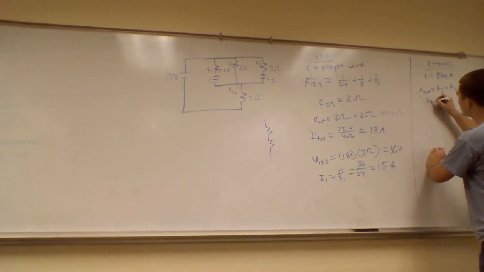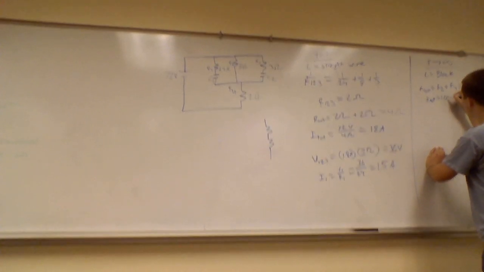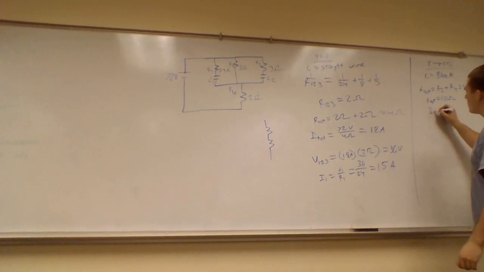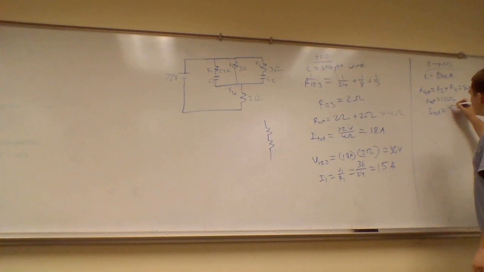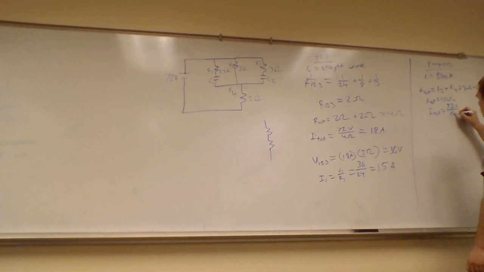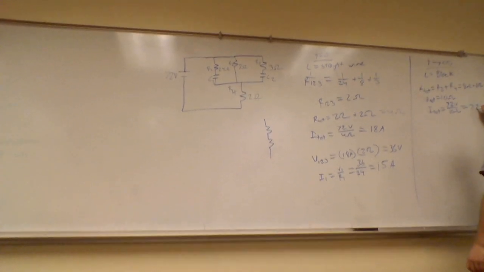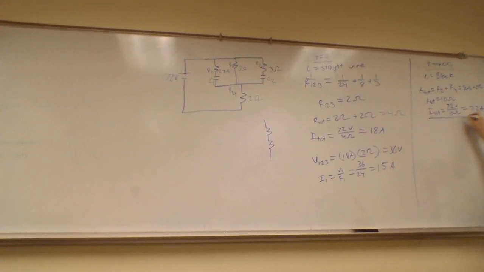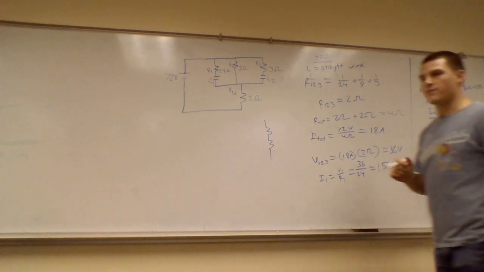So our total equals 10 ohms. So I total just equals 72 volts divided by 10 ohms, which equals 7.2 amps.